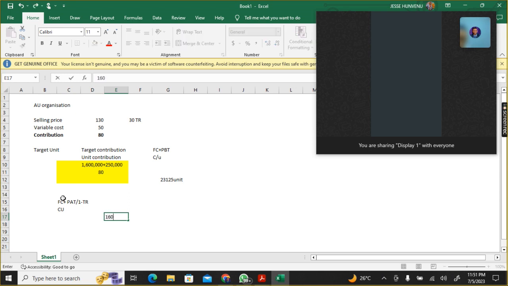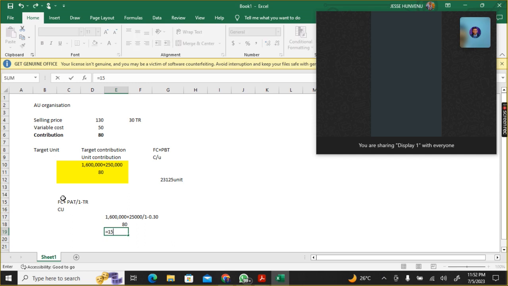So now we have 1.6 million plus 250, divided by 1 minus 30%, over 8.